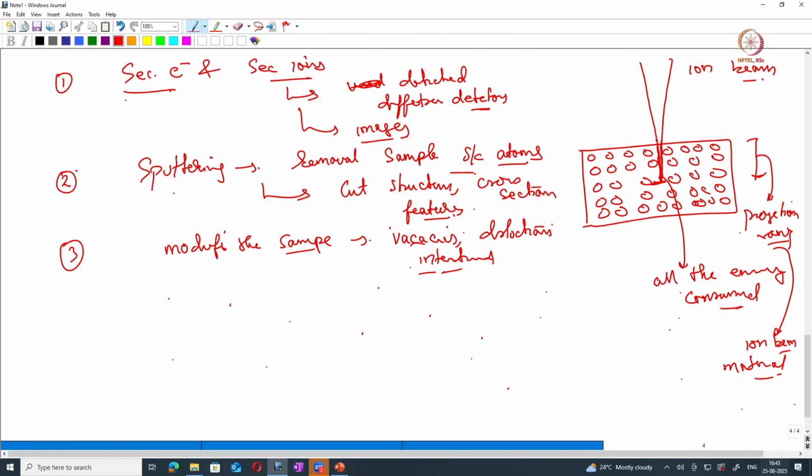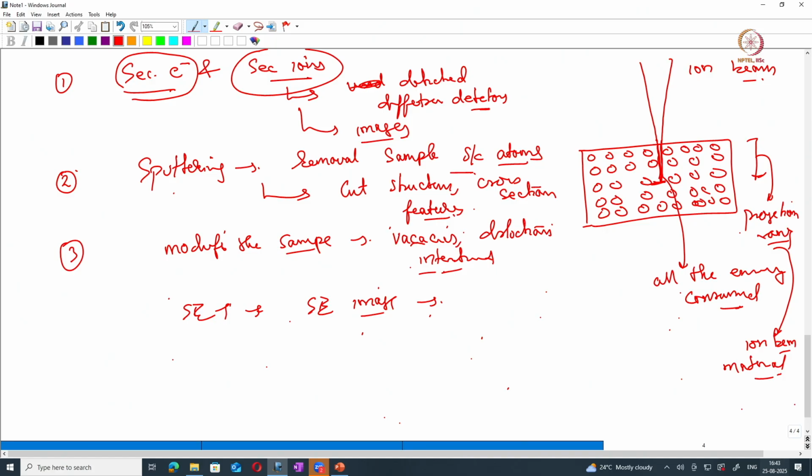Now, we'll briefly describe the secondary electrons and secondary ions, correct? So, secondary electron emission. Okay, this is just the removal of valence electrons from the surface atoms. These are used for the SE image, which is similar to what we use in the SEM, scanning electron microscope.